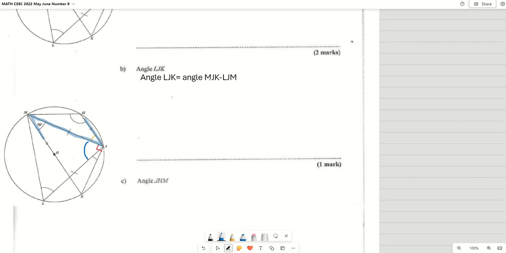So it is the difference between those two, the right angle and this angle here. Now you have to ask yourself, how exactly am I finding that blue angle? So we are going to look at the isosceles triangle.